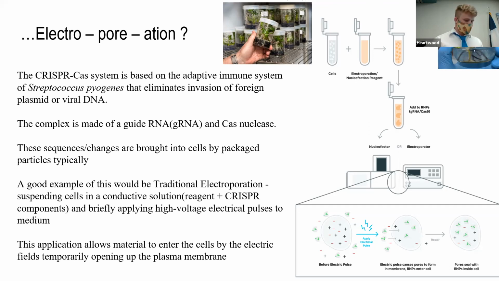A conductive solution is made with the CRISPR components stirred up, heated and electrified, and the cell wall and the membrane open their pores so that the genetic material can pass. This has to do with the negative charge of the membrane and stuff. Won't get into that.